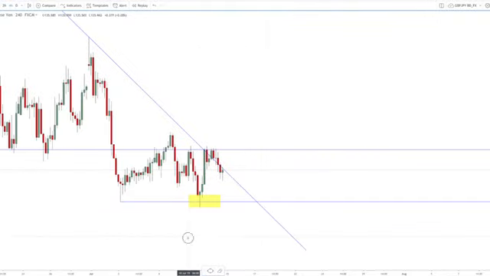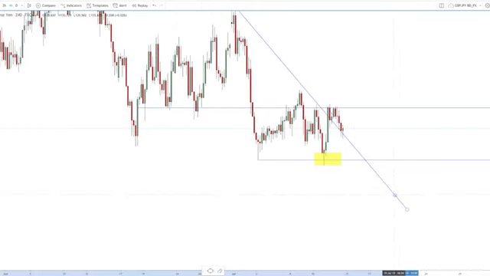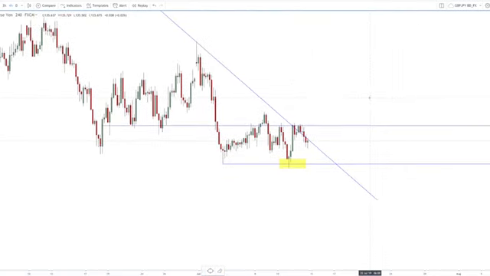GBP JPY, so a nice chart here just to show how keeping a chart clean and looking at price action and the foundations of what you need, like the trend, using trend lines, support, resistance, significant levels, and price action, how it can really help.